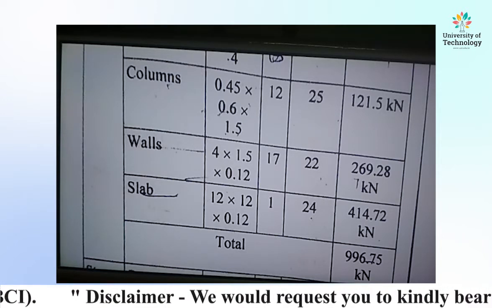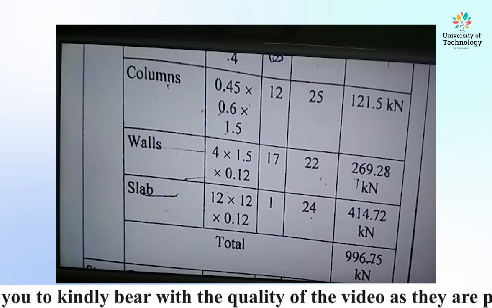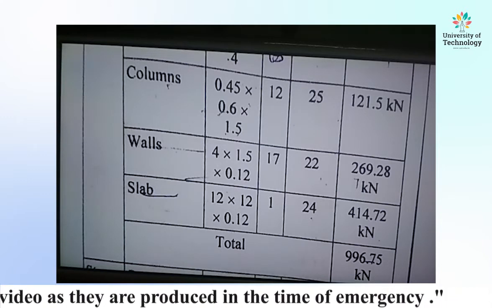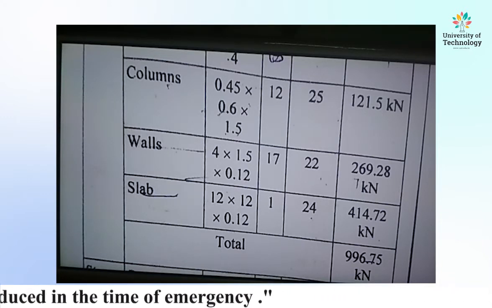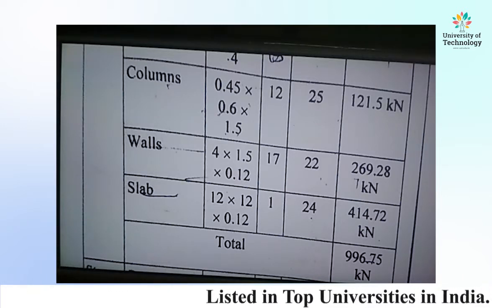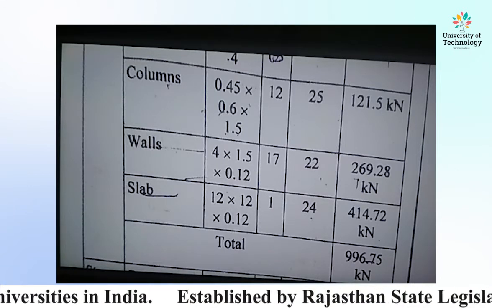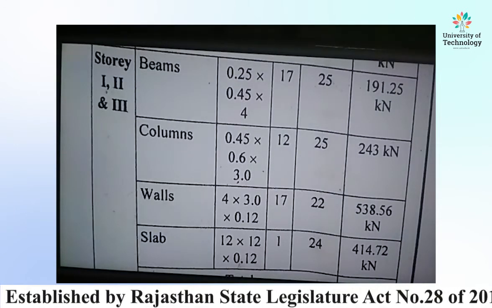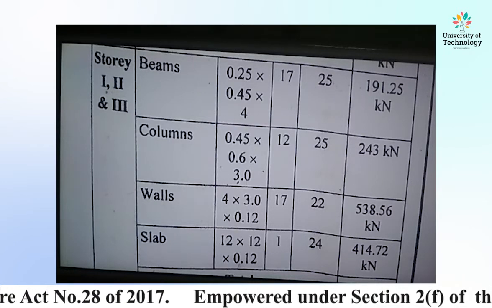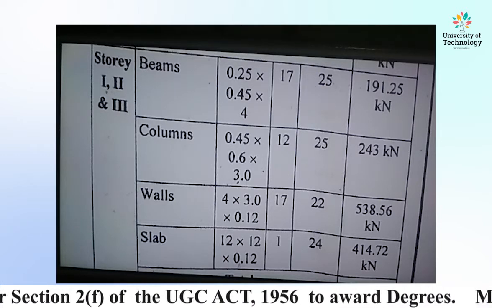You can take either 24 or 25. So the total is 414.72 kilonewton, and the grand total of this dead load is 996.75 kilonewton. For the first, second and third story, the beam, column, wall, slab and total dead load we can easily calculate.